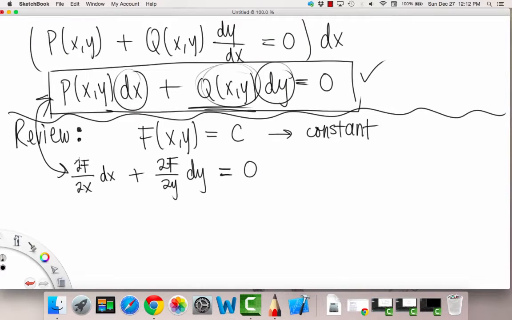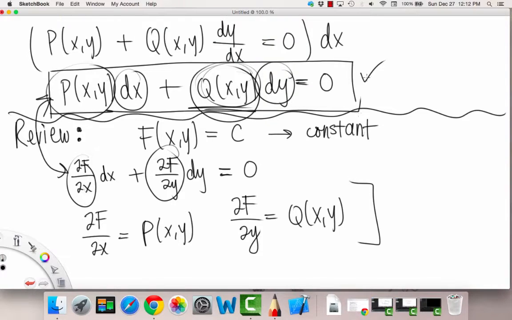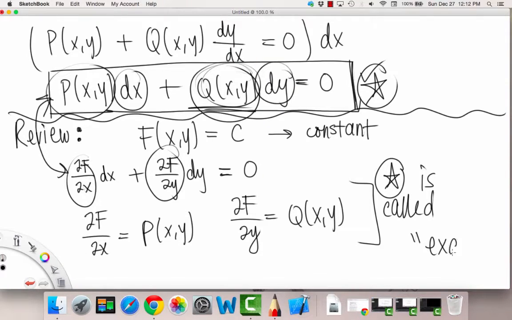Instead of just matching up the things, which sometimes you can do directly, in the sense that partial f, partial x is equal to P of x,y, and partial f, partial y is equal to Q of x,y, when this happens, this equation here, the one in the box, I'll put a star by. I'll call it the star equation. Then the star equation is called "exact."